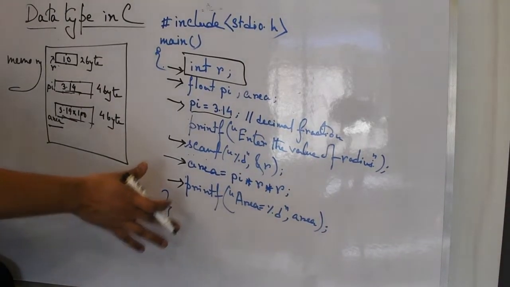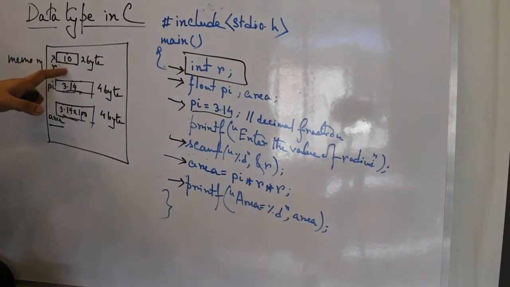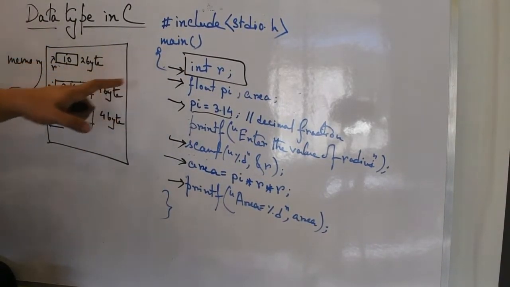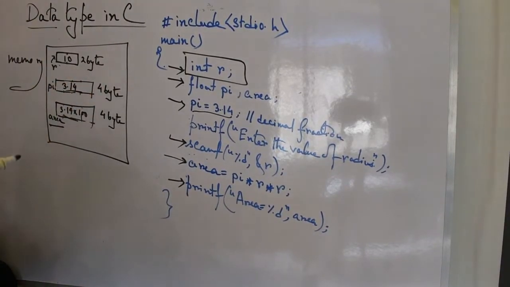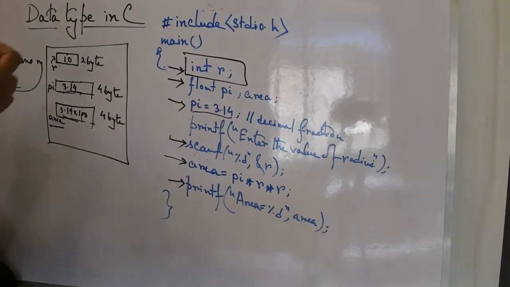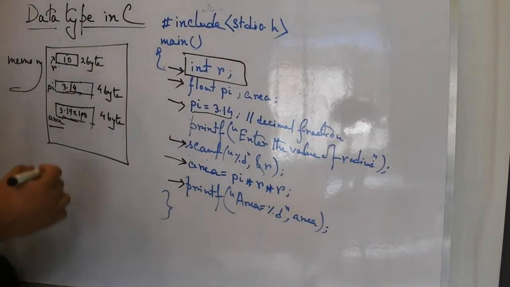So what do we learn from here? We learn that for integer it will allocate 2 bytes, for float it will allocate 4 bytes. So for the other two data types, what are the bytes allocated during declaration?